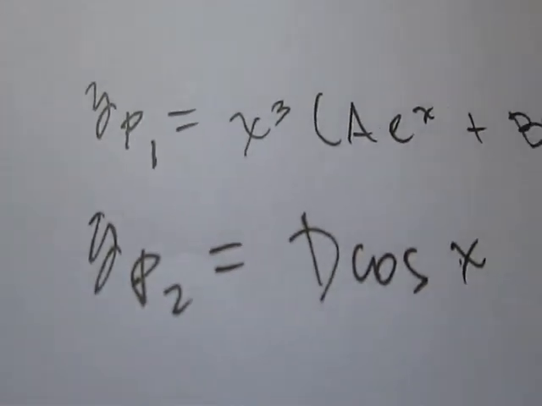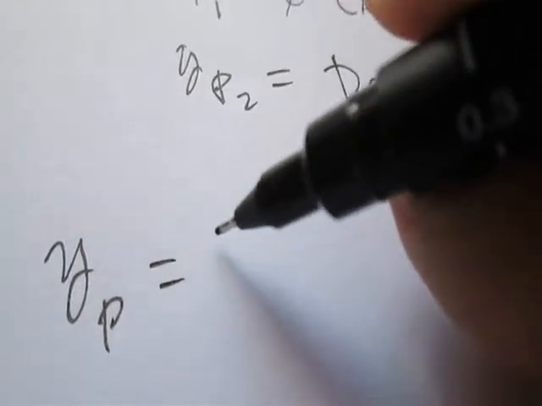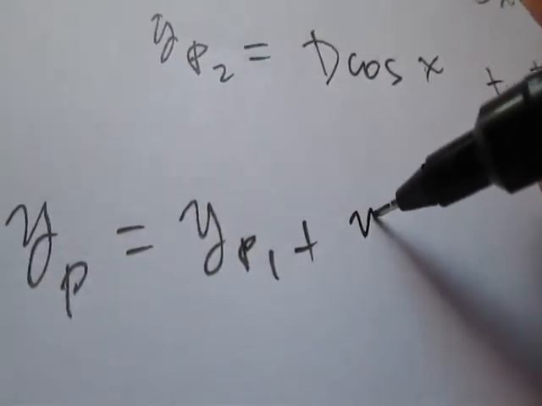So our overall y particular is yp equals yp1 plus yp2.